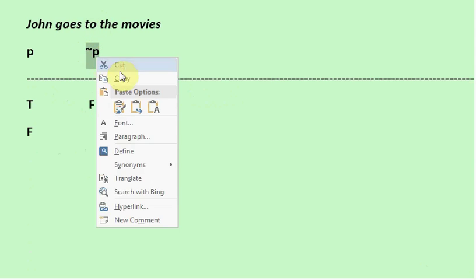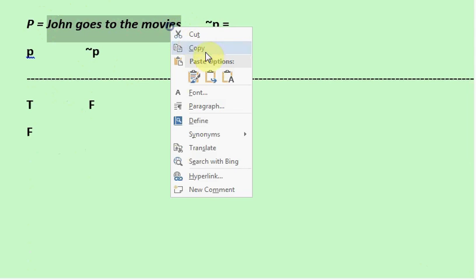And let me actually write out what the tilde P means, what it's representing in this case. So P in this case is representing John goes to the movies. Not P will be representing John does not go to the movies, right? So let me put that over here on the left.